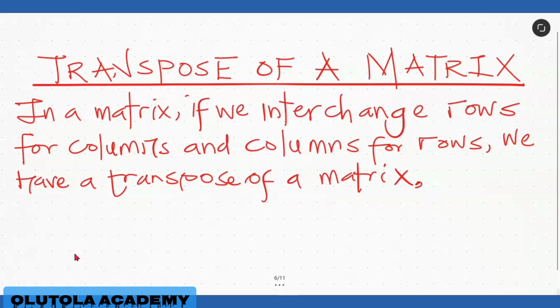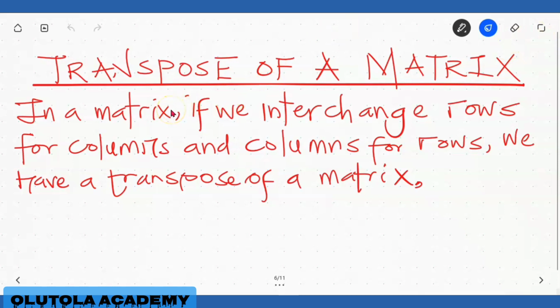In a matrix, if we interchange rows for columns and columns for rows, we have a transpose of a matrix.